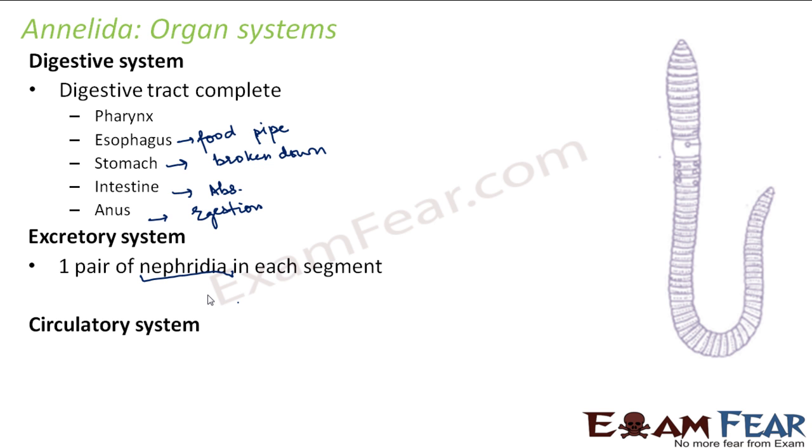Next is the circulatory system. It has a closed circulatory system, which means it has blood vessels. A heart was seen for the first time in these organisms. Till now, we have not come across any animal which had a heart. So the presence of a heart was first seen in the annelids.